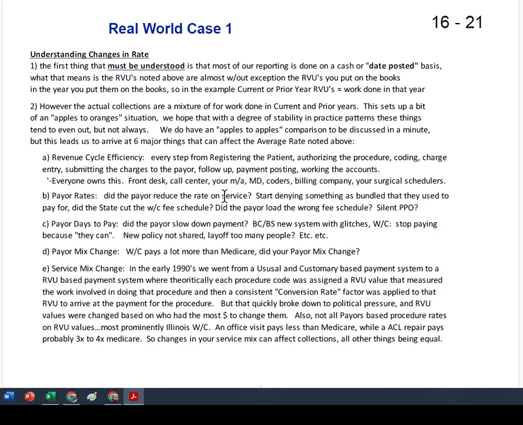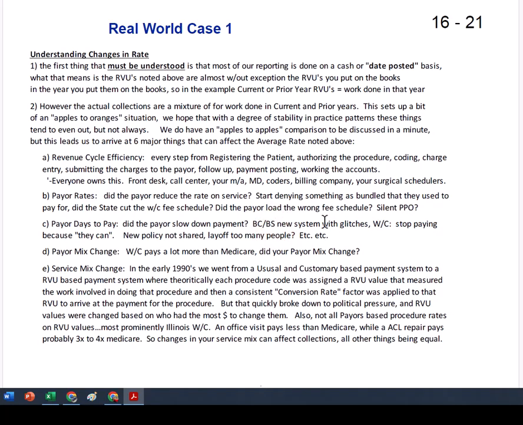I would explain to the physicians, this would be in their packet, that with respect to revenue cycle efficiency, everybody owns it, right? The front desk, the call center, your medical assistant. It's a cycle. It touches everybody. Payer rates, denials, payer mix, etc. We've had the payer slow down the payment.